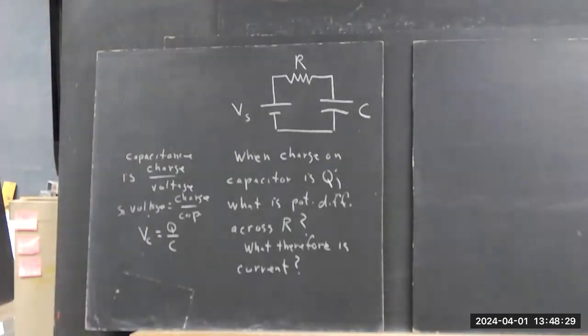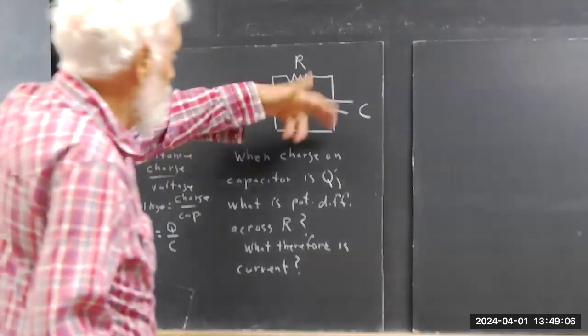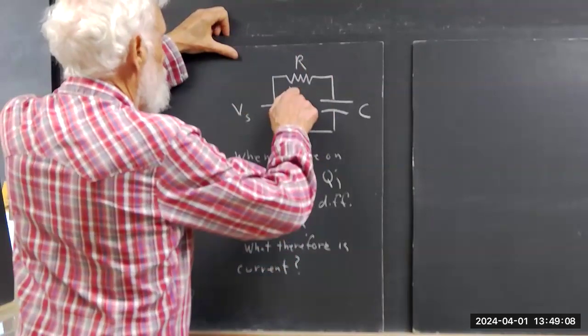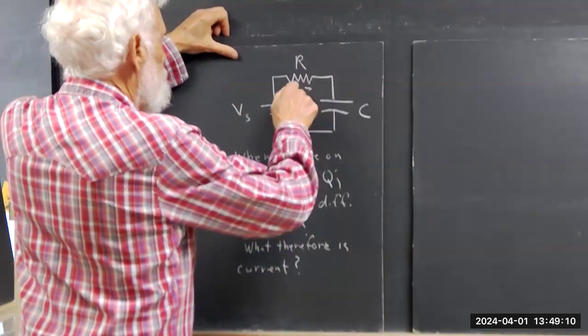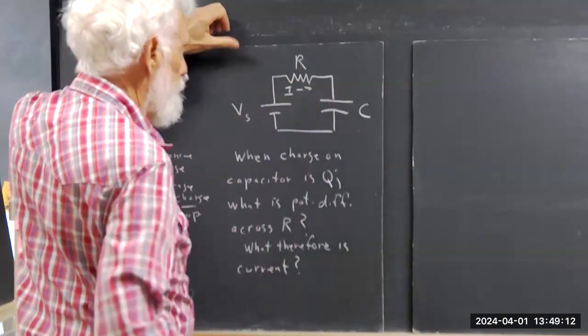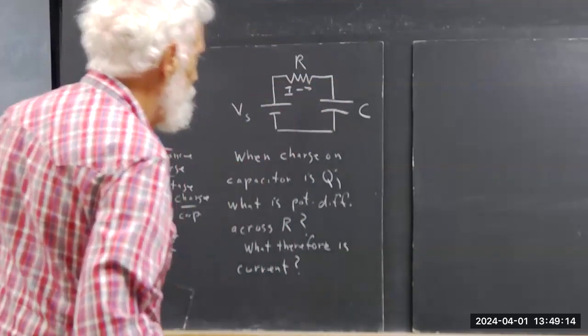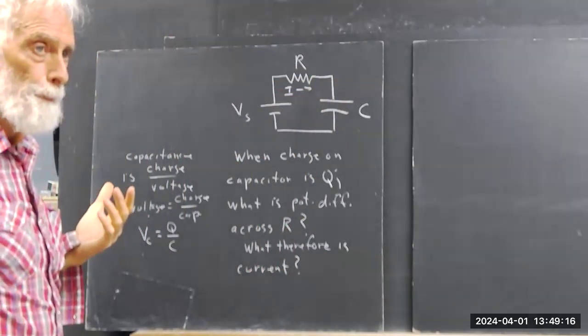Okay, so what's the current? In terms of what we've just done with loops and so forth, you think of this as a single loop. Just go ahead and put a current in here. Choose a direction, and now you write your voltage drops.